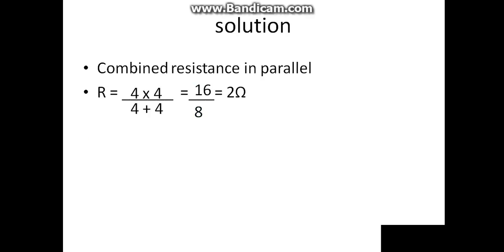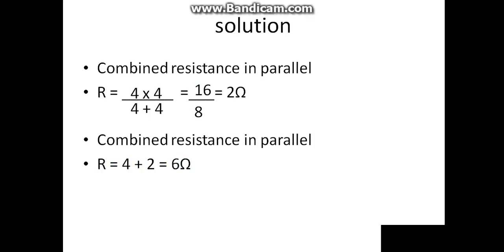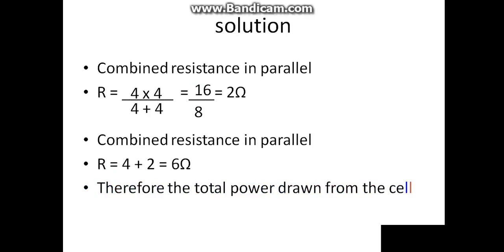Combine resistance in series: capital R equals 4 plus 2, which gives us 6 ohms. Therefore, the total power drawn from the cell is equal to V squared over R, which equals 12 squared over 6, which equals 144 over 6, which equals 24 watts.